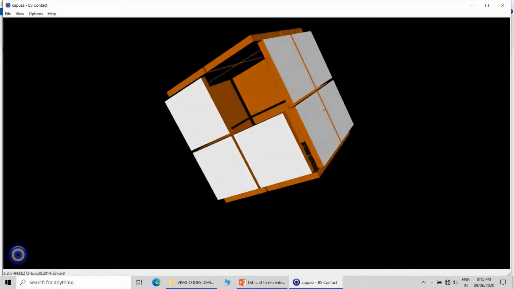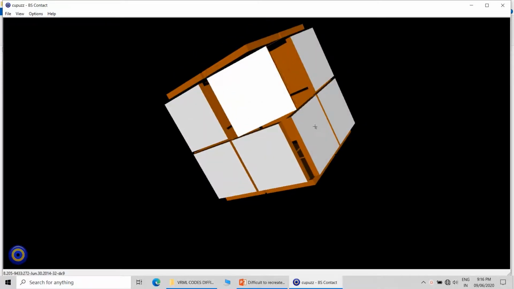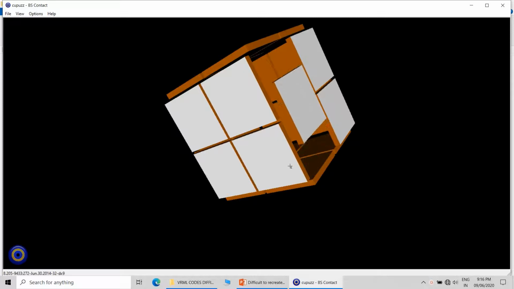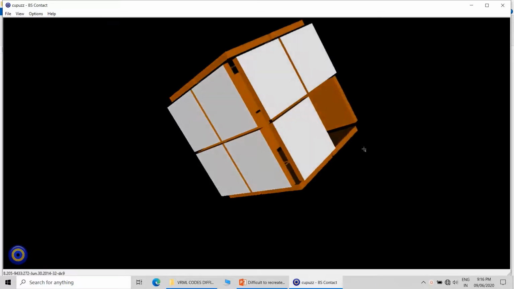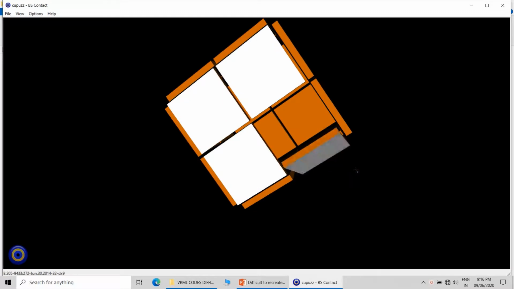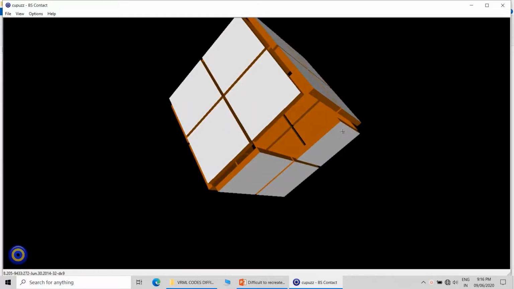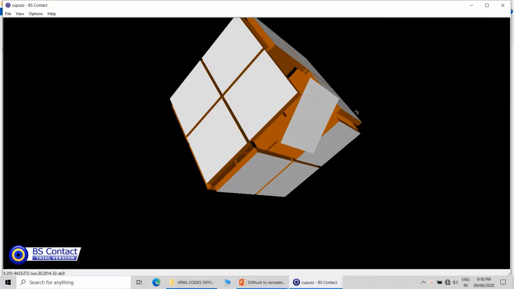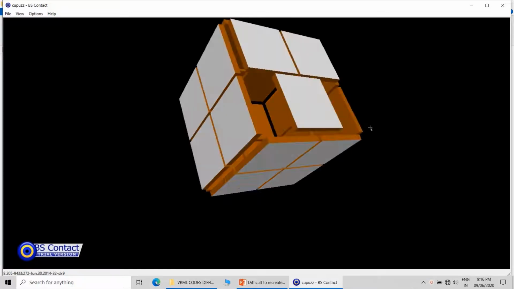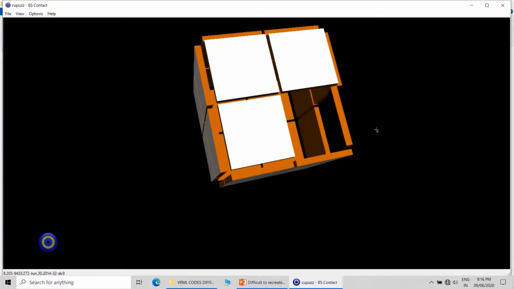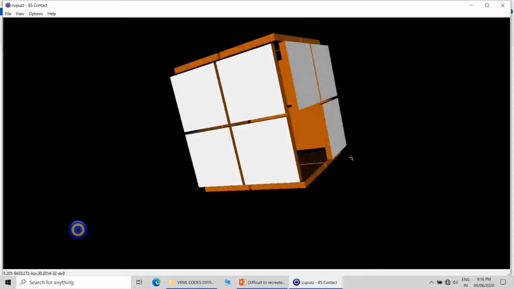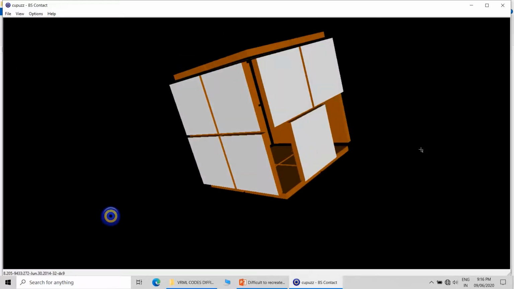I don't know the reason, but I was not able to recreate it. The problem with these types of codes is that they are using a lot of prototypes, and when they use a lot of prototypes, they are very difficult to understand for a common person.